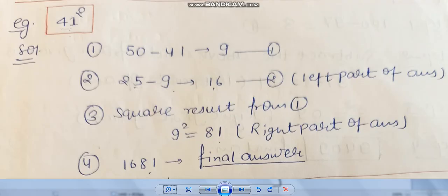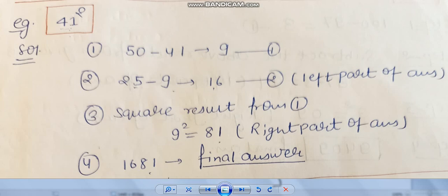See here, same thing: 50 minus 41 is 9, and that 9 we subtract from the base number. 25 minus 9 is 16, that will be the left part of the answer, and the square of 9 is 81, and that will be the right part of the answer. So this is 41 square.